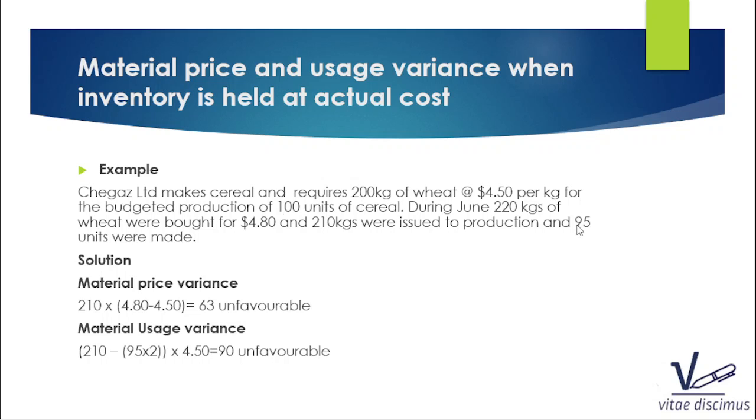So to produce 95 units, we are supposed to use 95 times 2, which is 190 kilos, but we have used 210. So it's unfavorable.